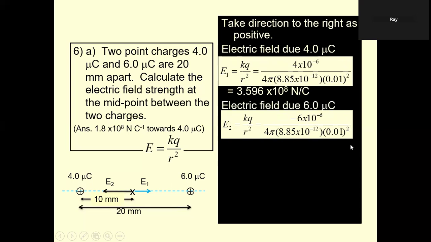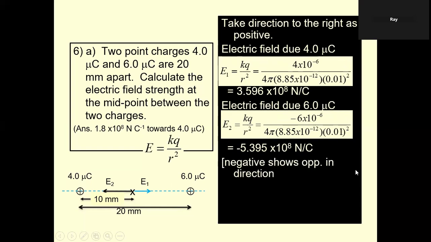Calculate out. And add them up. Right? Electric field is a vector quantity, add them up. You get negative, that means it's to the left. Can? Okay, good.